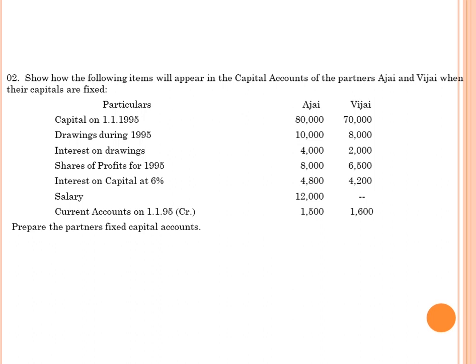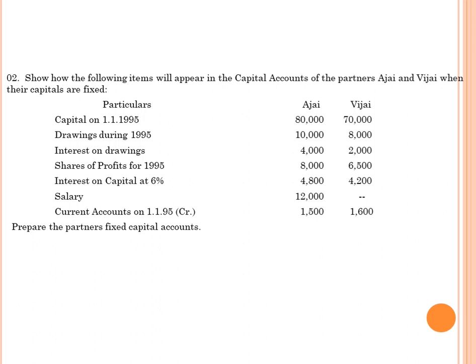Interest on drawings, 4,000, 2,000. Share of profits 1995, 8,000, 6,500. Interest on capital at 6%, 4,800 and 4,200. Salary 12,000 for Ajay, Vijay nil. Current account on 1/1/95, the credit balance 1,500, 1,800.